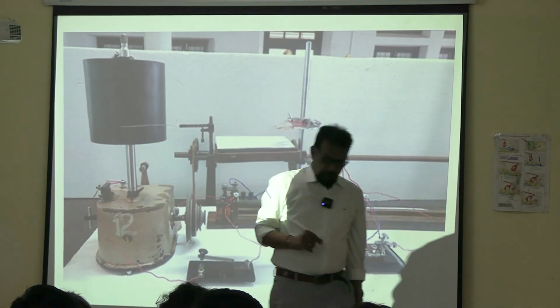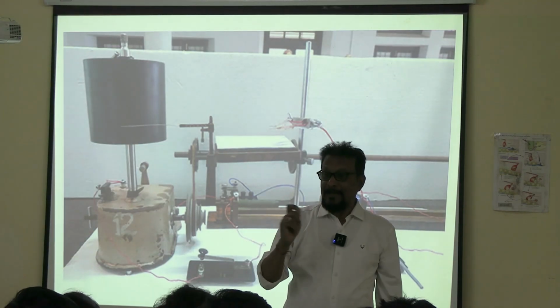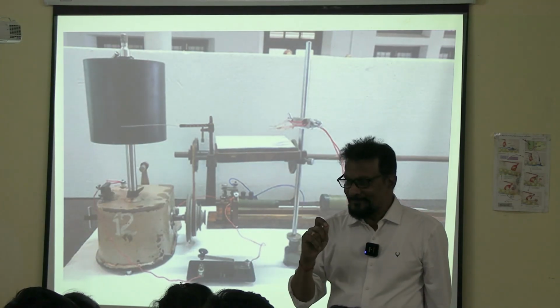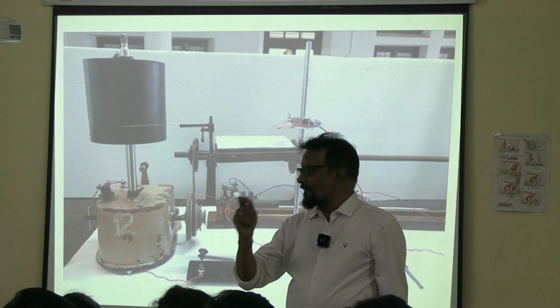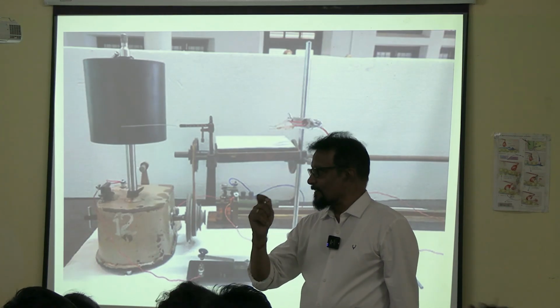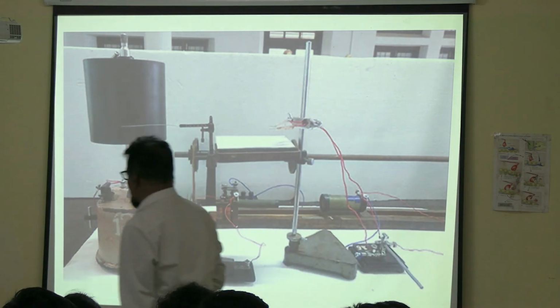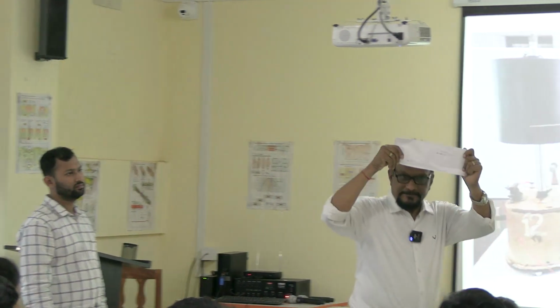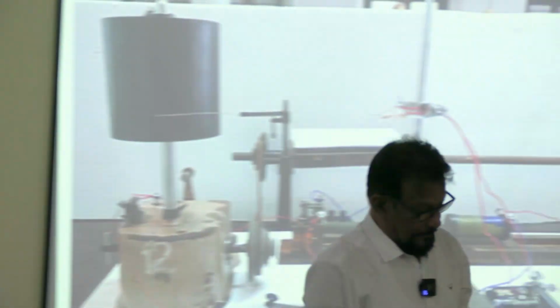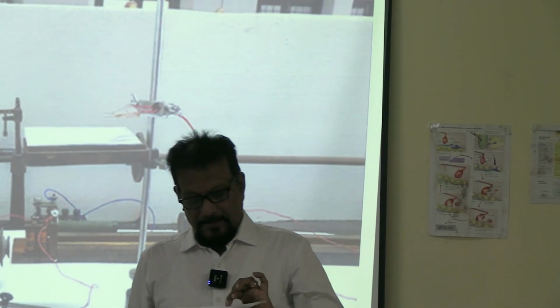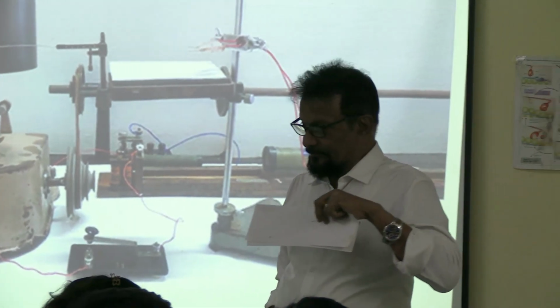Okay? Now we do one thing, we have to take a time tracing using the tuning fork. How can you do it? This is the tuning fork, isn't it? It looks like this. So on one arm, I made some attachment.